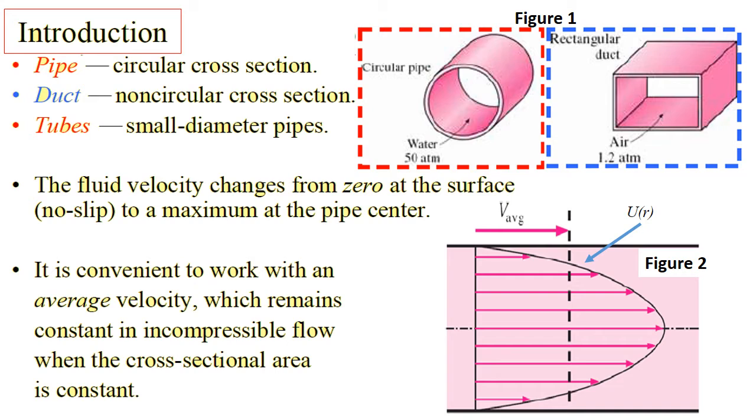The dotted black line is the average velocity throughout the pipe, and then we have u as a function of r, which is the variation of velocity from the center of the pipe to the wall of the pipe. As you can see, we have the parabolic shape. For these cases, it is convenient to work with an average velocity, which remains constant in incompressible flow when the cross-sectional area is constant.